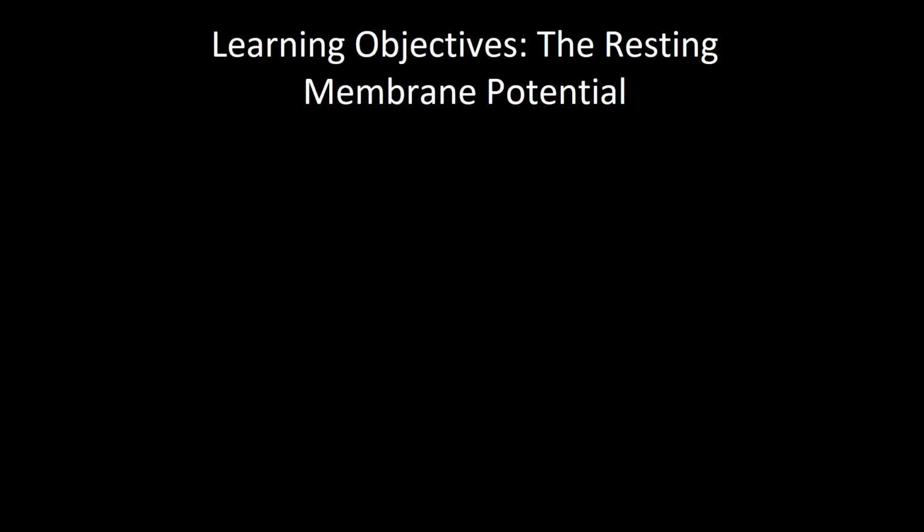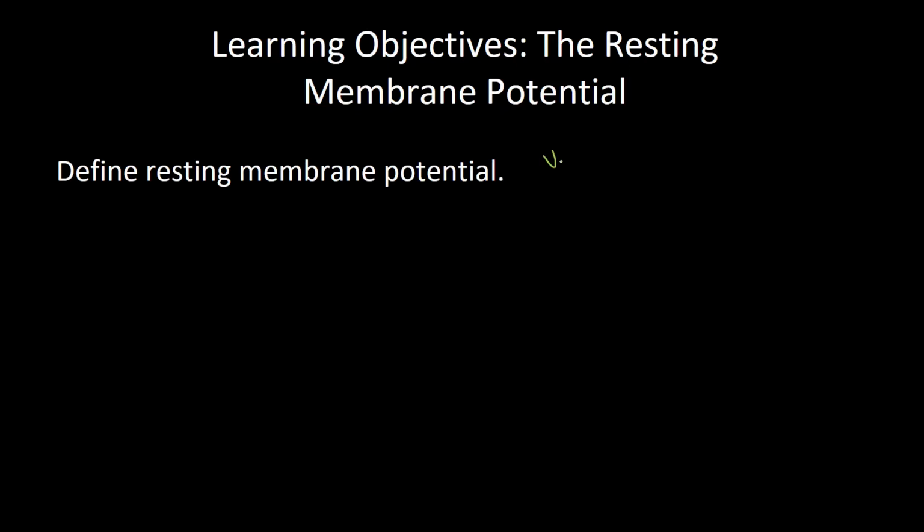All right, so at rest, when nothing is going on, that's what the resting membrane potential is, right? It's the separation of charge in a neuron when nothing is going on.